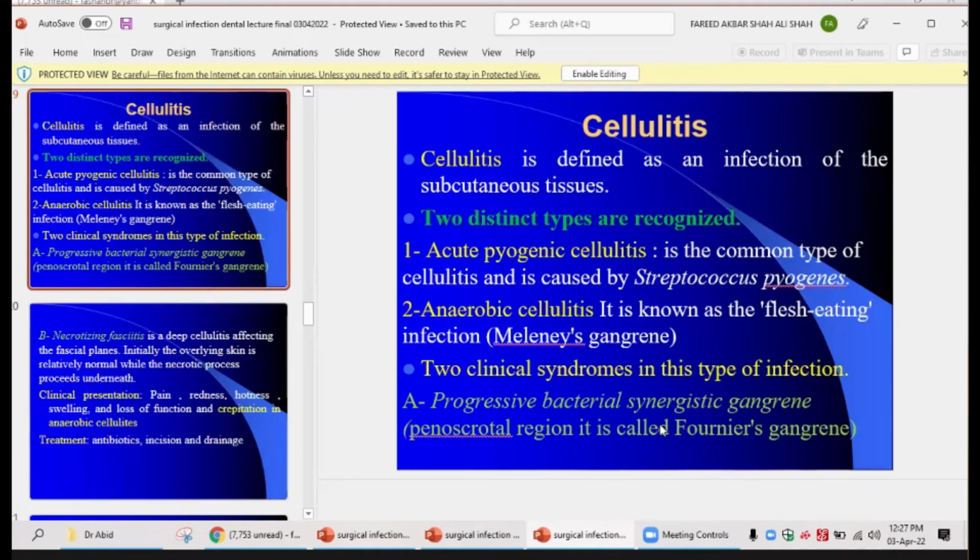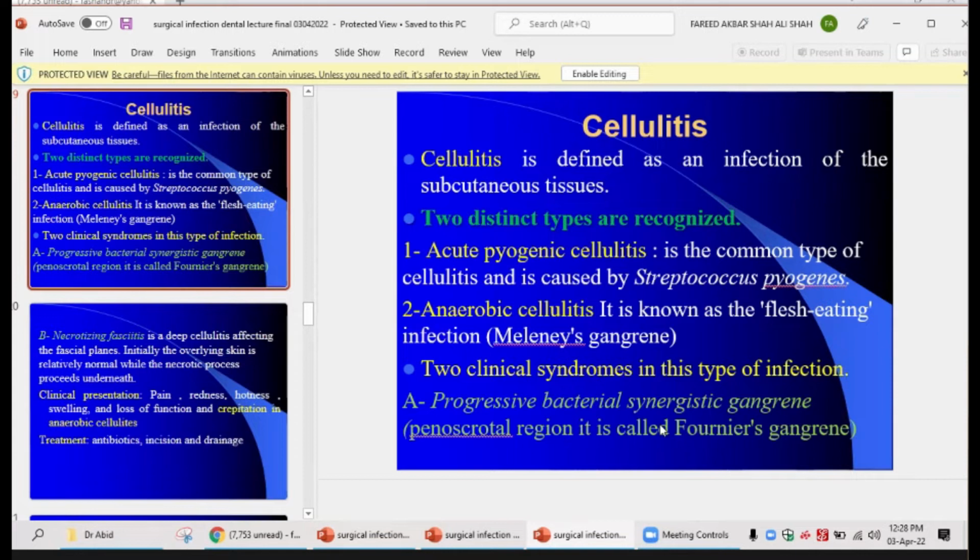Cellulitis is one of the most common infections of the subcutaneous tissue. When you see red skin, that is actually cellulitis. It is caused usually by Streptococcus pyogenes, and the anaerobic one is called Meleney's gangrene.